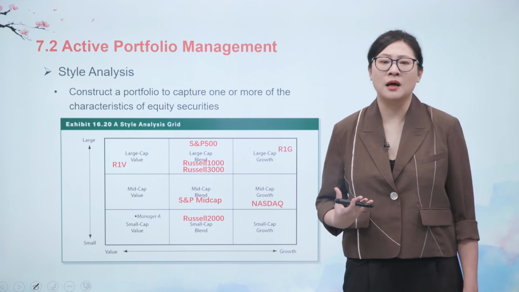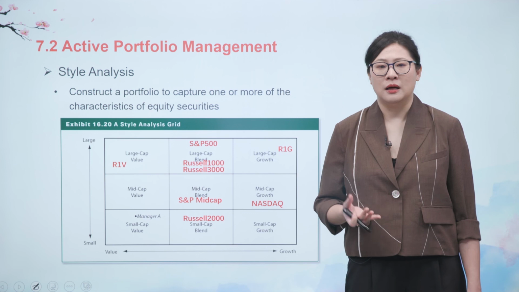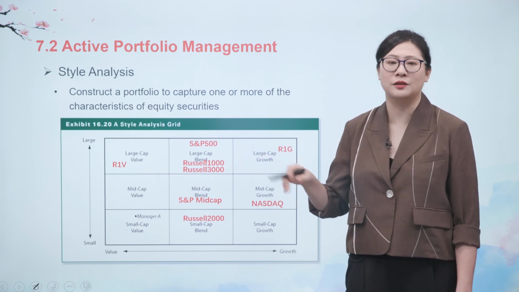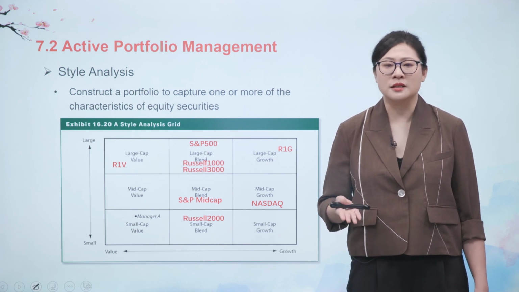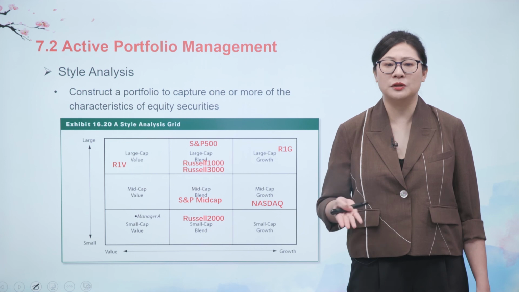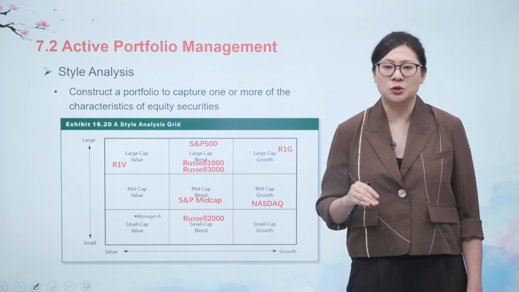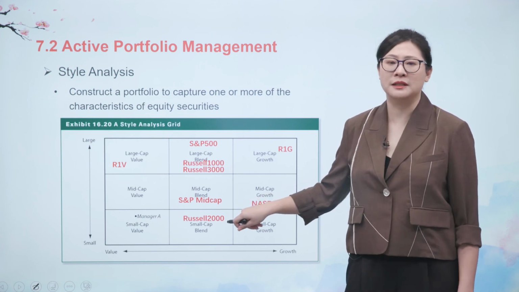What's the meaning of Russell 2000? Russell 2000 is 2,000 stocks, also chosen from the Russell 3000. But these 2,000 stocks have the smallest market cap, so we put it here.